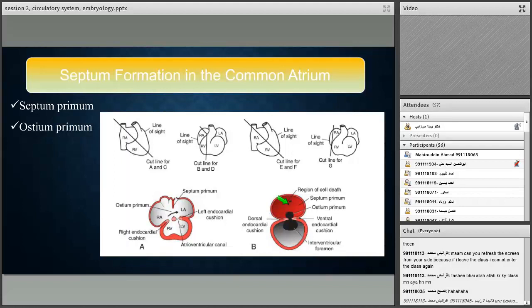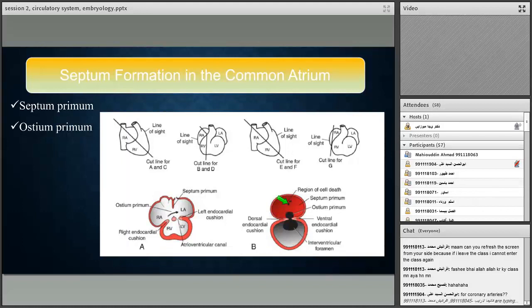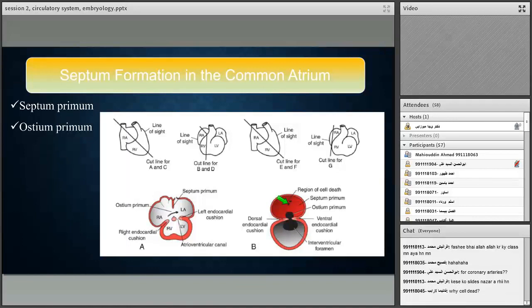Some cell death procedures are happening in the upper portion of the septum primum in this part. These perforations are connecting because they want to form another ostium.